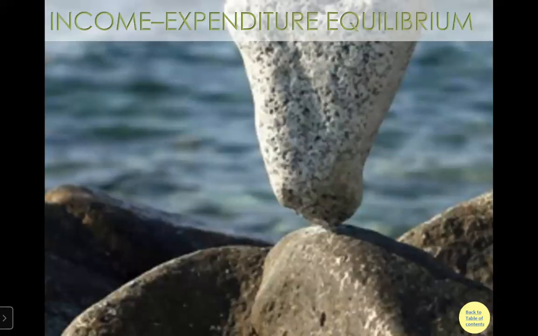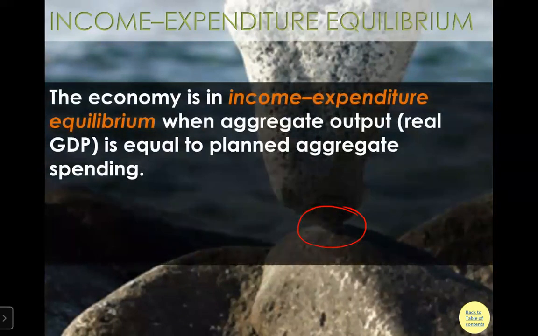That's reflected by this picture. There are two forces working against each other, and at some point we reach equilibrium. There's no adjustment. The economy is in income-expenditure equilibrium when aggregate output is equal to planned aggregate expenditure, or Y equals AE planned.